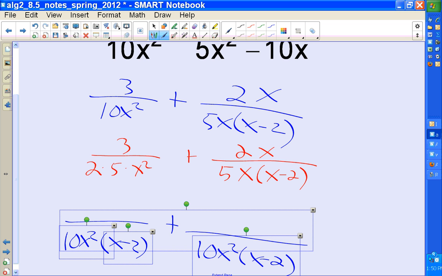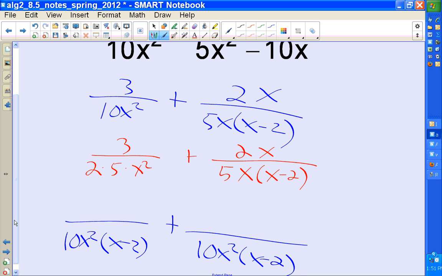Right here. Oh, 10 is 2 times 5? Right? All I did was write it more factored for you. Because you have to have every factor to the highest power available. So here's my two denominators. I have to have a 2. I have to have a 5. I have to have an x. Already said 5. Already said x. And I need an x minus 2. Okay, do you follow me? And the only one that repeats is the x. Oh, sorry, and the 5.